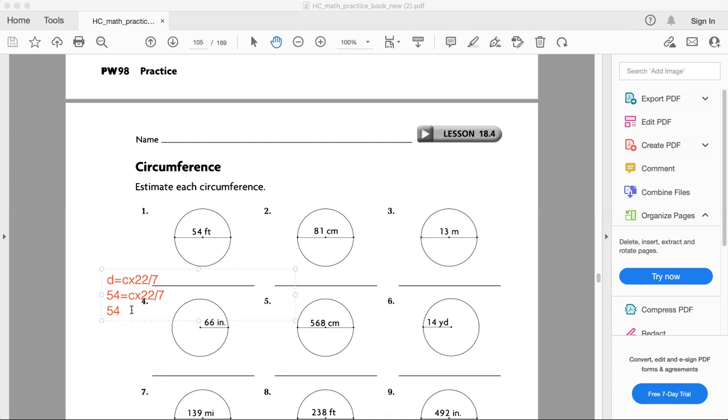So if you divide 22 by 7, how do you have to write it? 22 divided by 7. One is the remainder, and the quotient is 3.